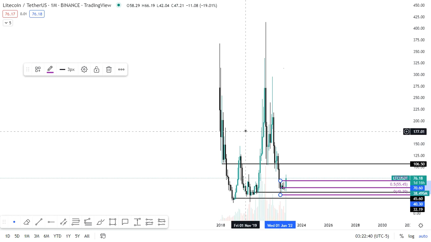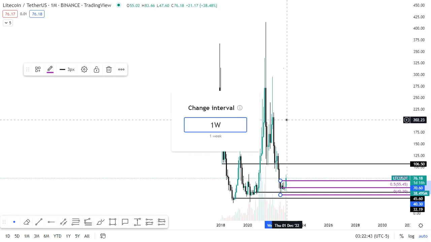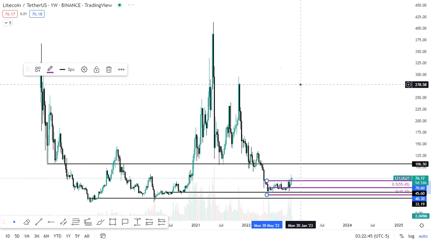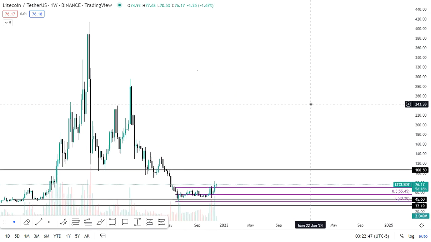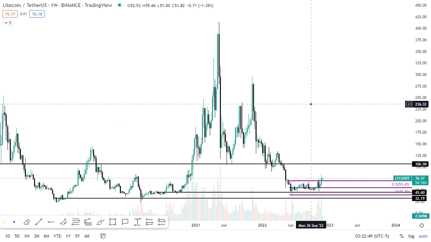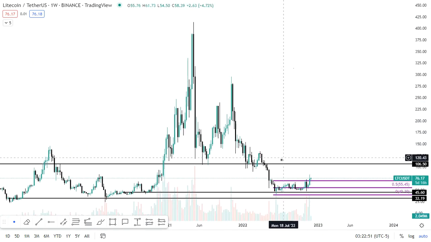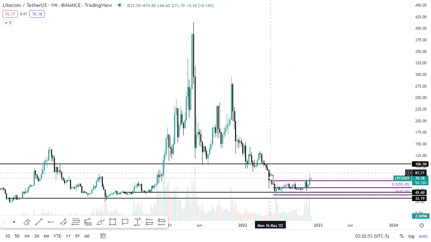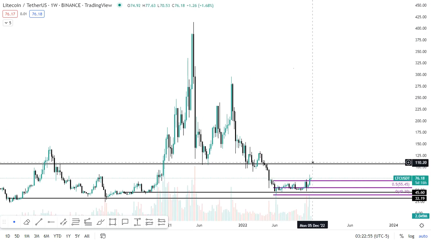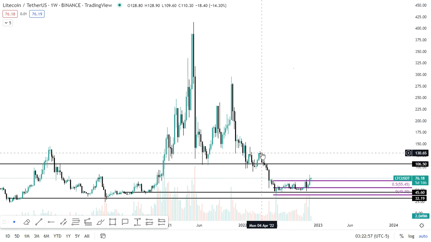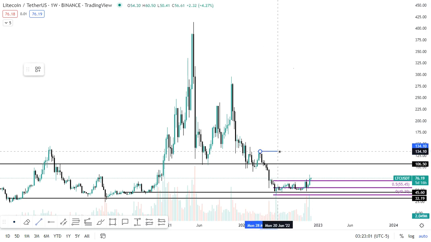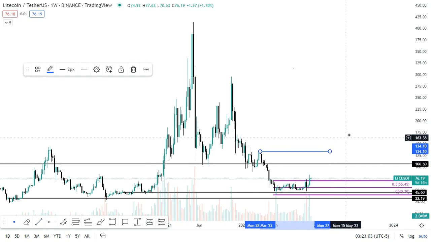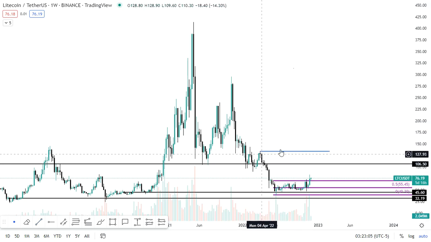Okay, now we go to the weekly chart. In the weekly, there isn't anything special to mark out. You can see that there was an imbalance and the next area can be here. But as long as we are holding this high, let me mark it up, we could not close a weekly candle above it. We are still in a downtrend.